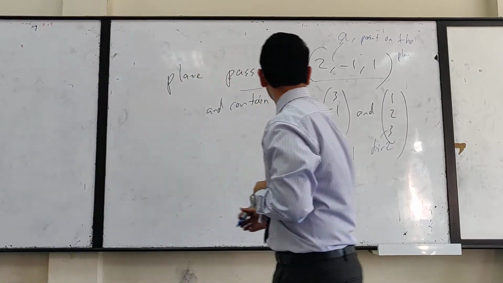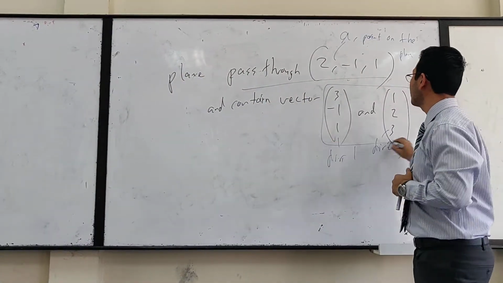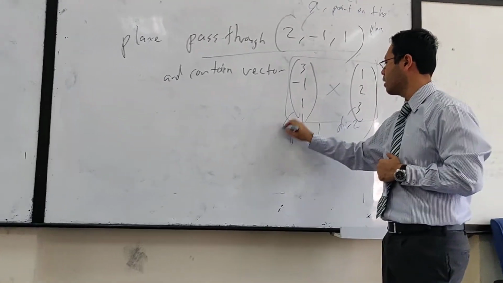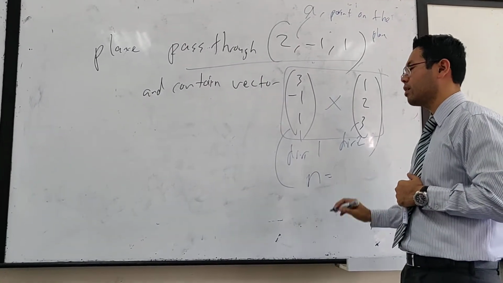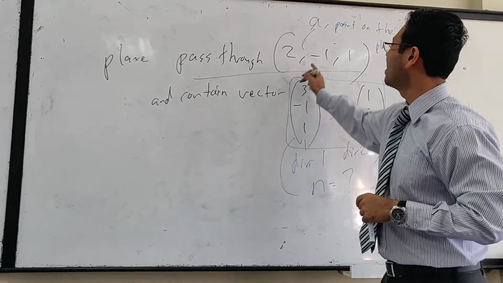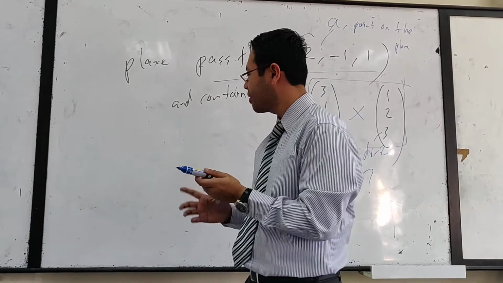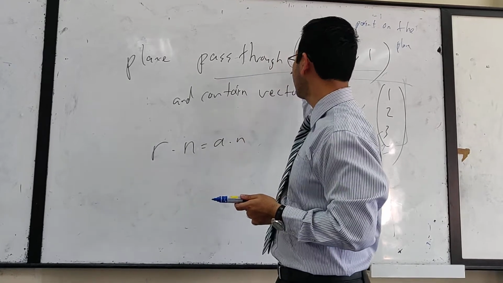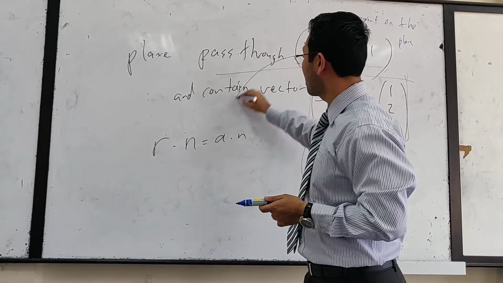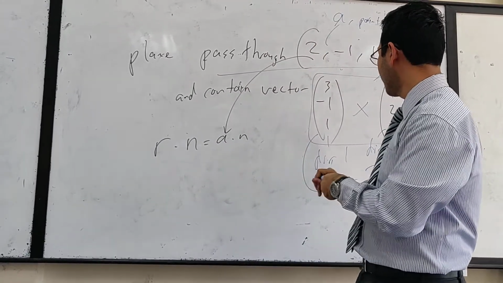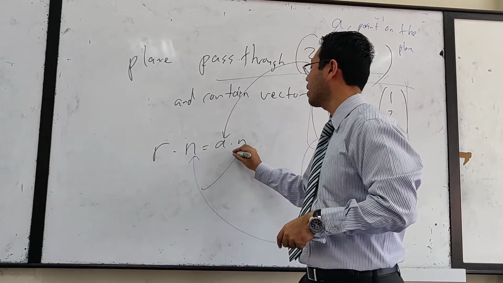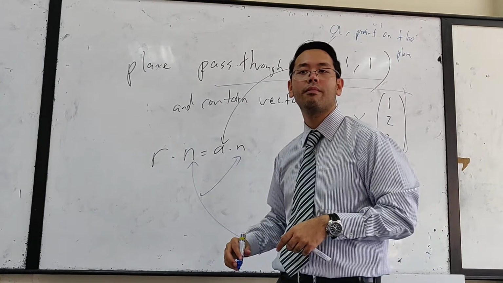So basically these two, I want to cross them and I get the normal. This is the A. What's the formula again? R dot n equals A dot n. This is your A. Whatever value you got over here, that will be your n. That's how you solve that.